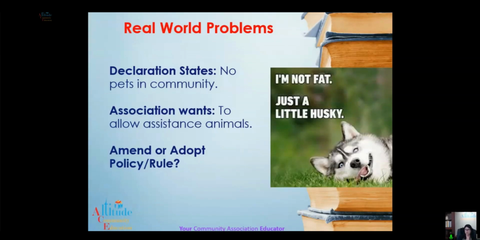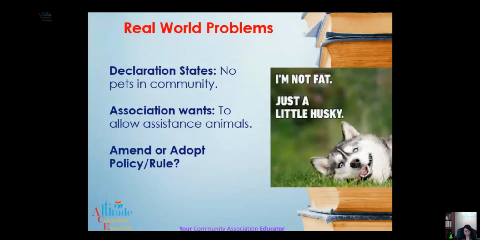What you're essentially doing is saying we'll allow assistance animals, but you're not covering every type of assistance animal that can be covered by this term. And so the problem is it's going to be viewed as discriminatory because you're only saying we'll allow assistance animals.